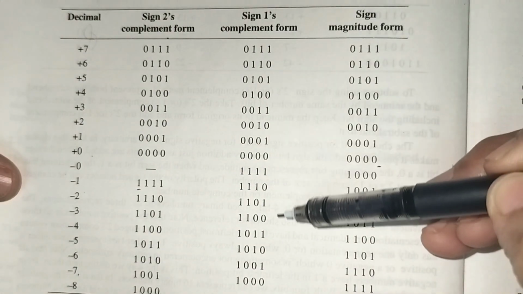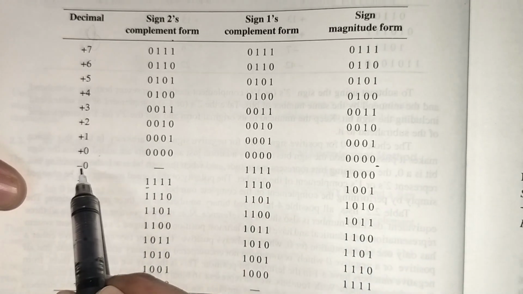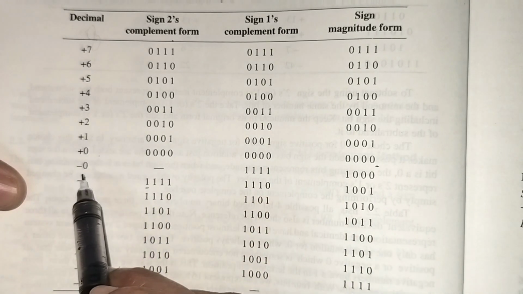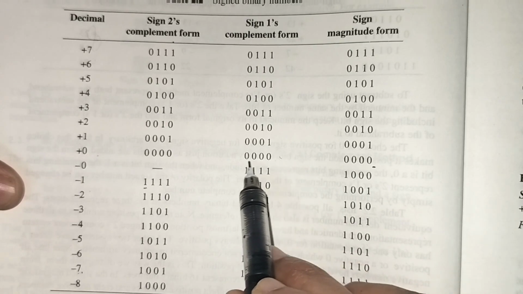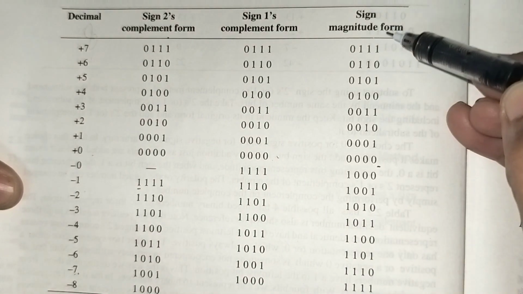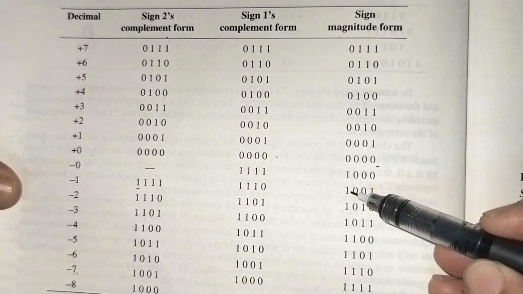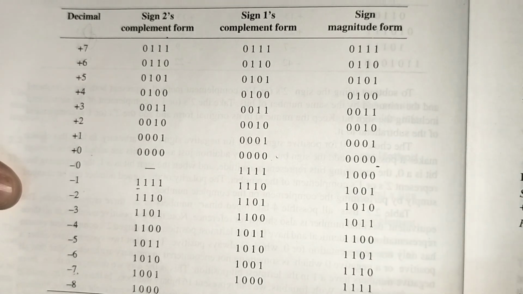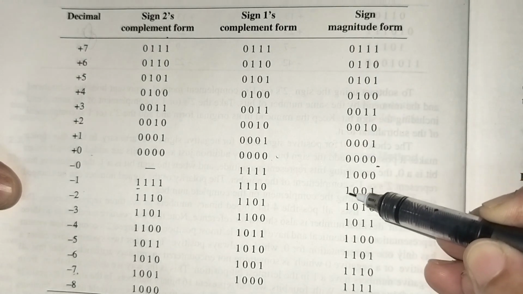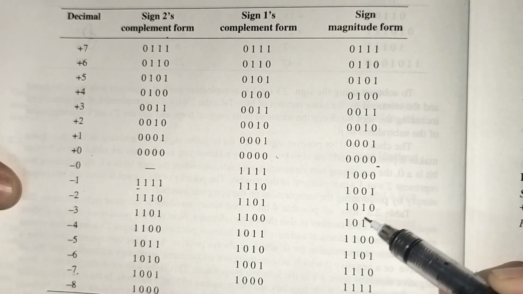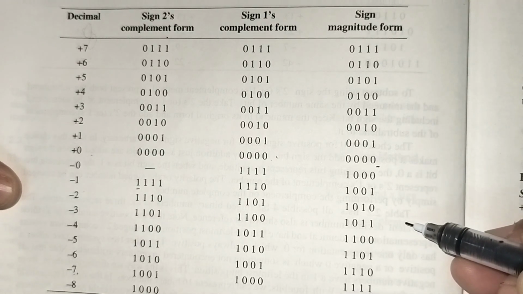Now in the case of 1's complement form, we have just inverted the digits, meaning -0 to -7. -0 is represented by just complementing the digits of plus zero. And in the case of sign magnitude form, we have just put 1 in place of the sign bit, as this is the sign bit for positive and this is the sign bit for negative, and the magnitude bits are the same in positive and negative form.